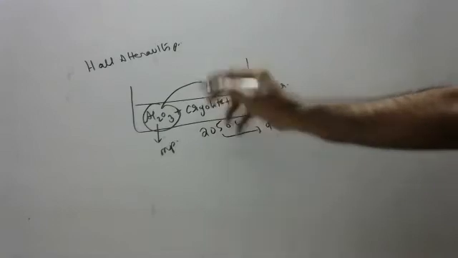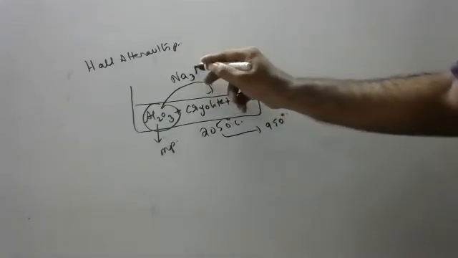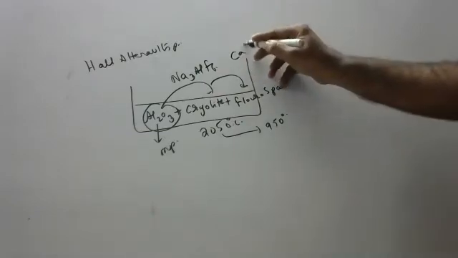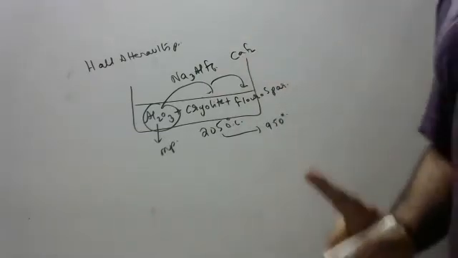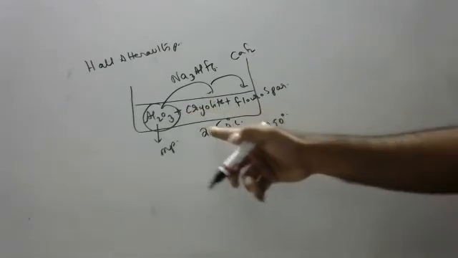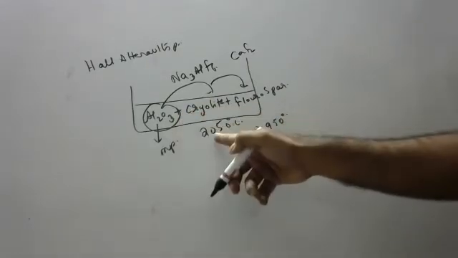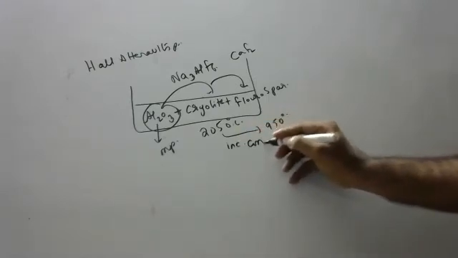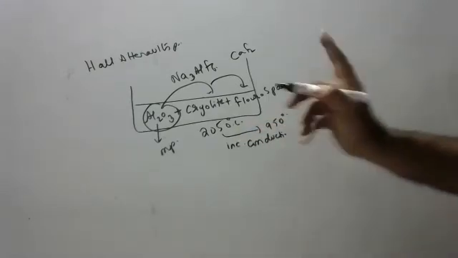What is cryolite? Na3AlF6. What is fluorospar? CaF2. Try to understand, children. One more question they will ask: why is cryolite added? It will decrease the melting point of alumina from 2050 to 950, and it also increases its conductivity. This is number one.